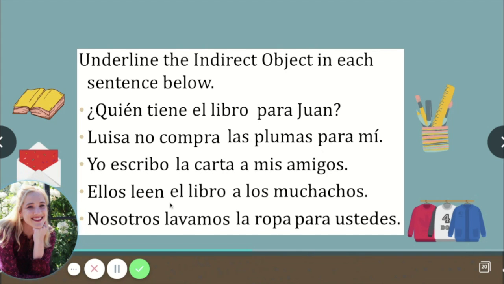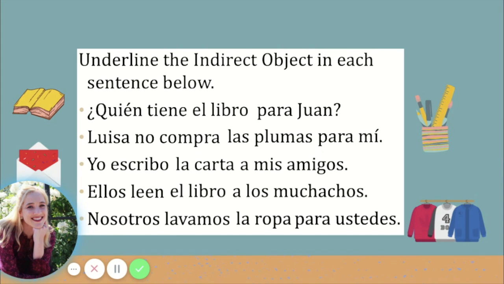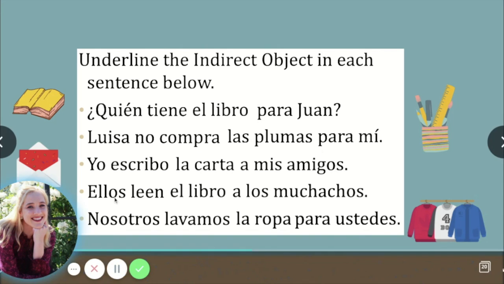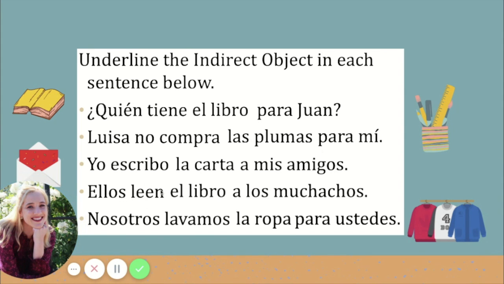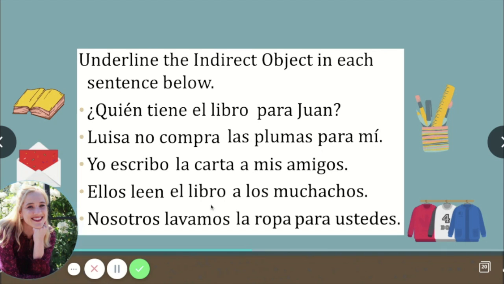Okay, two more. Ellos leen el libro a los muchachos. So they read the book to the guys. Ellos is our subject. They're the ones doing the verb. They're the ones reading. Ellos leen. What do they read? El libro, the book.